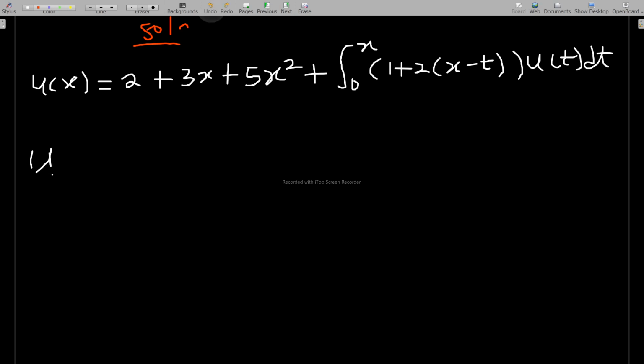Let me write it well. u prime is equal to, then you differentiate 2, you get 0.